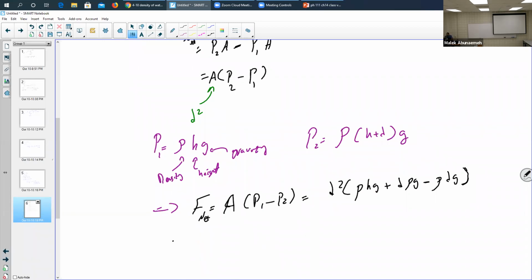So your buoyant force is going to be your pressure multiplied by your area, which is going to be your d distance multiplied by the pressure multiplied by g multiplied by d squared. So you got d squared multiplied by d, so that's d cubed rho g.